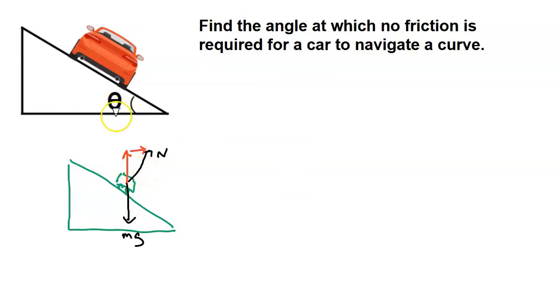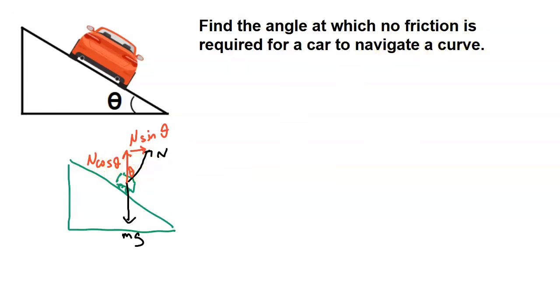Our theta over here is our angle. This angle right here is going to be the same as this angle right here. They will have the same angle. Because this is opposite, this will be n sine theta, and then this is adjacent, so this will be n cosine theta, right?